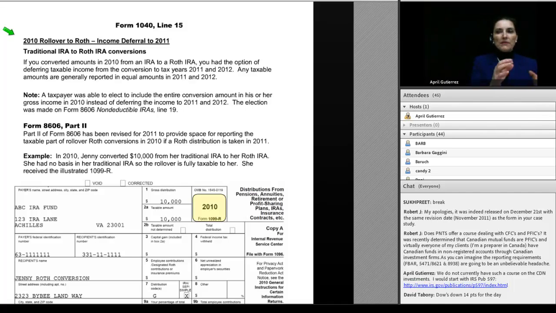So if you take it from a pre-tax account and roll it into an after-tax account, that rollover becomes taxable. But for 2010, that $10,000 could be deferred as an option. You could say, I'm not going to report it in 10. Instead, I'm going to report it in 11 and 12 in equal amounts. That would be $5,000 in 2011 and another $5,000 in 2012.